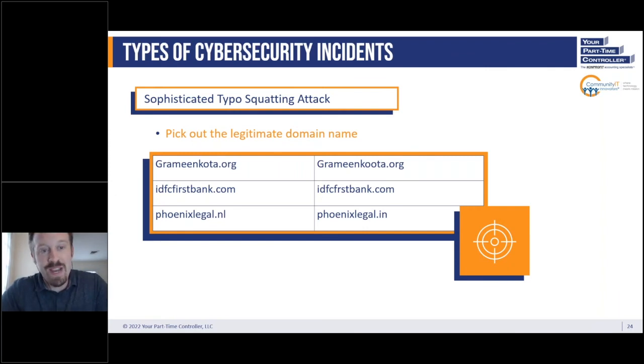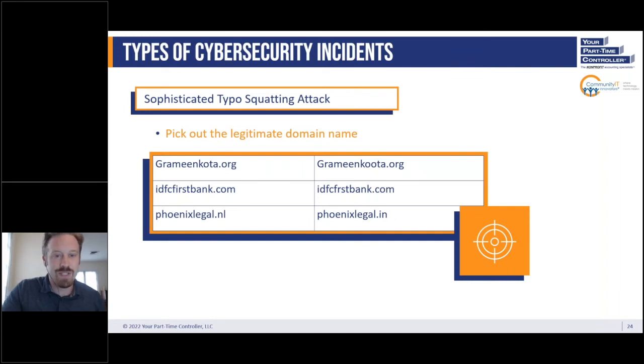There are 3 valid domain names, and then there are actually 3 domain names here that were established by some hackers. I'd love to see if anybody can identify what the fake domains were.